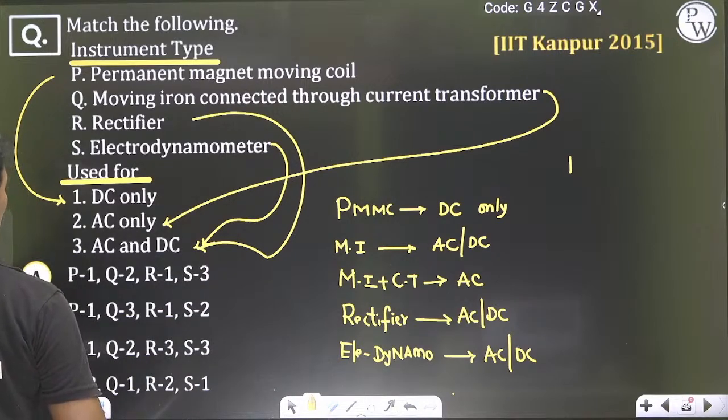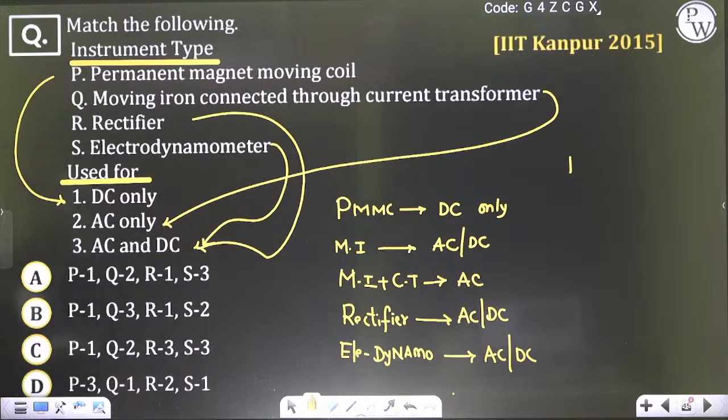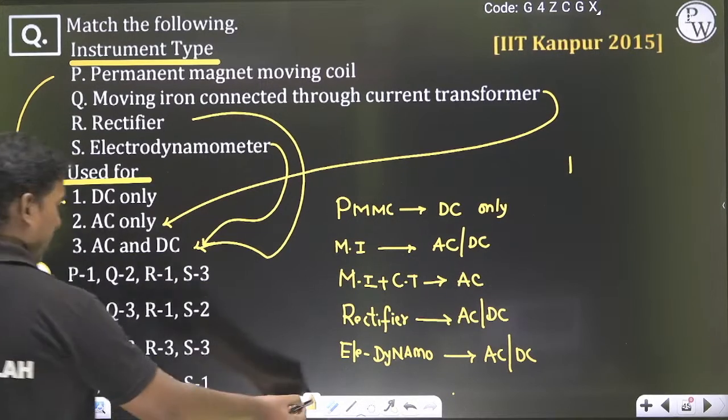So 1, 2, 3: P goes to 1, Q goes to 2, R goes to 3, and S goes to 3.